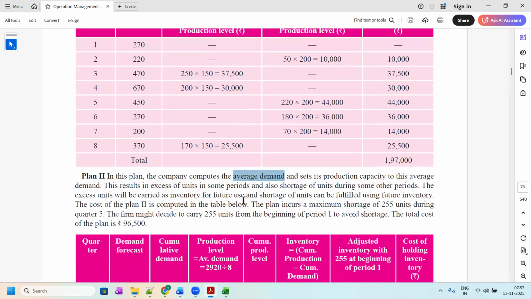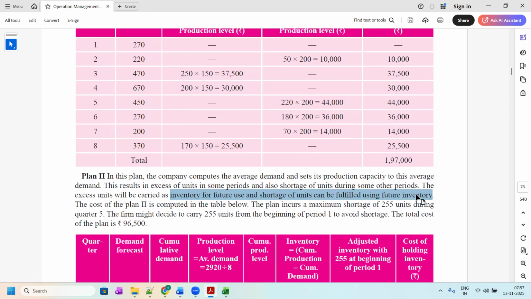When you compare the average demand with each quarter's demand, sometimes you will have excess, and in some other period you would have a shortage of units. This extra unit will be carried as inventory for further use, and the shortage of units would be fulfilled by using this future inventory. Is this clear?